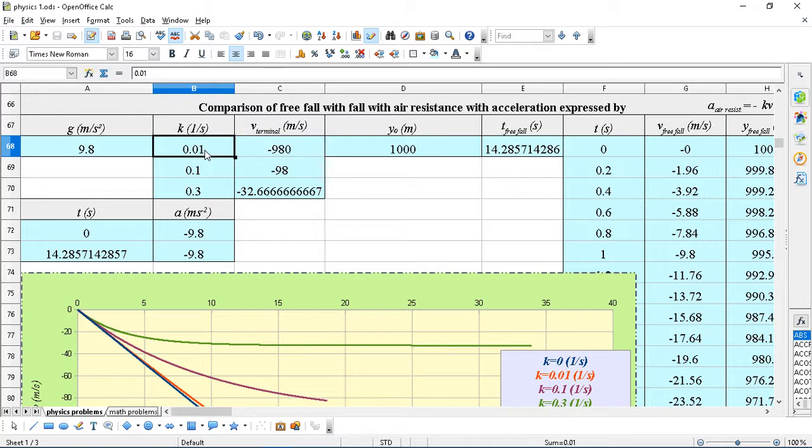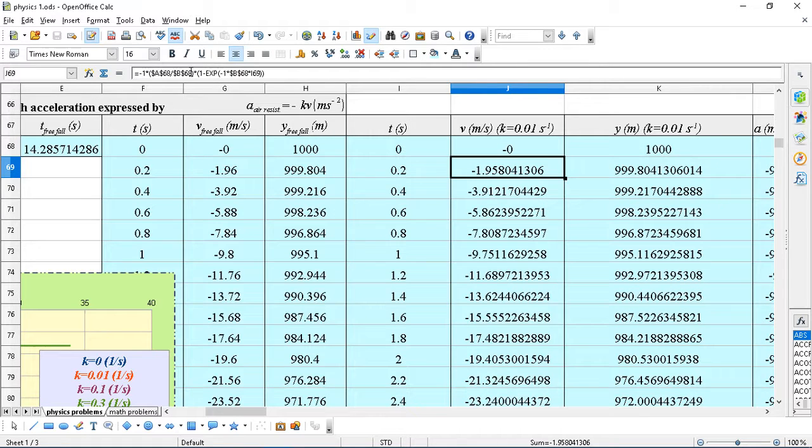Remember that we have the dollar signs to indicate that these cell references must be left unchanged, times 1 minus exponential of minus kt.